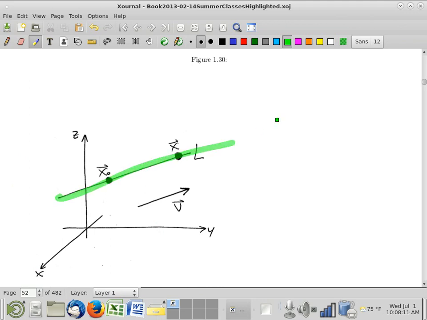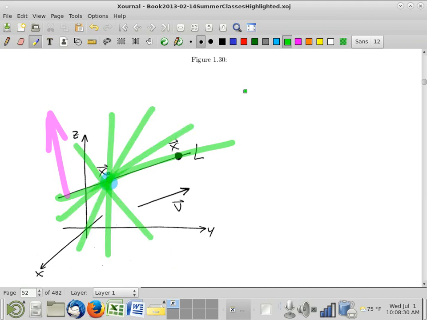So the way we're going to do this is, given a line that I want to describe, I'm going to need a point on the line. It wouldn't do to give me a vector perpendicular to the line, because there are actually lots of lines through that point that are perpendicular to that purple vector. So that just doesn't characterize the line.